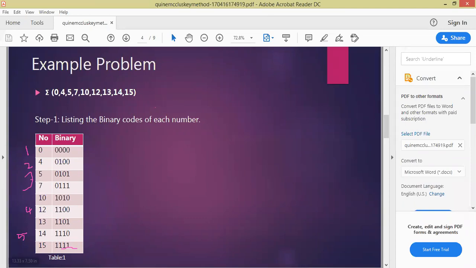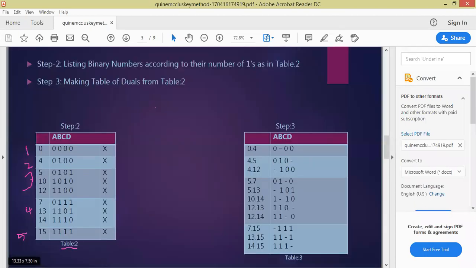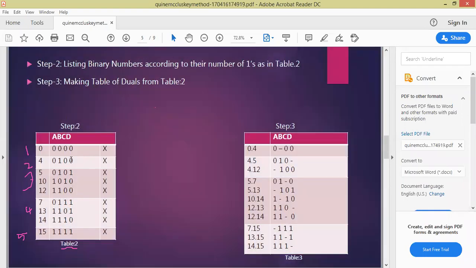The next table identifies the number of ones in the binary representation and groups them together. Group 1 has zero ones, where 0 is grouped. The next group has one 1, and we have only one such number, that is 4. So that is the second group.